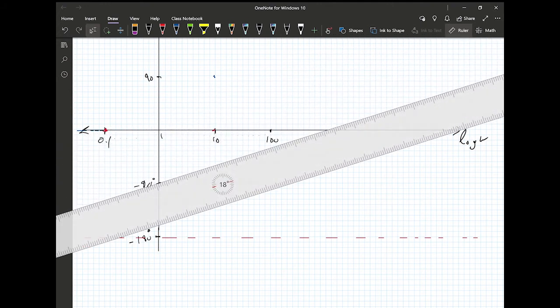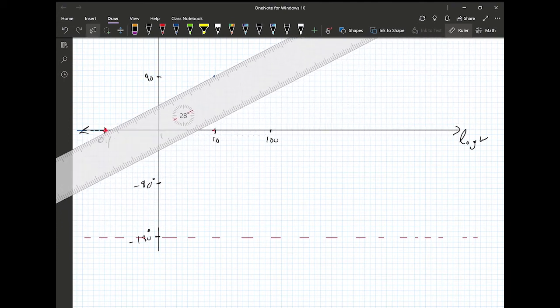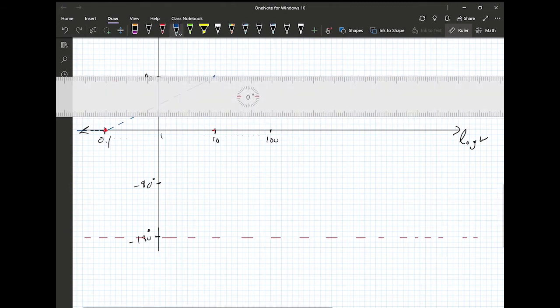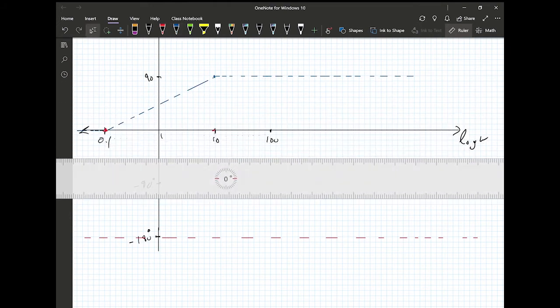So we're gonna have 2 decades, which will take us from 0 to 90 degrees. So this is the characteristic of the asymptotes for the 0. It's gonna look like this. I'm just drawing the asymptote now for the 0. Okay, so this is the 0. We're done with the 0.